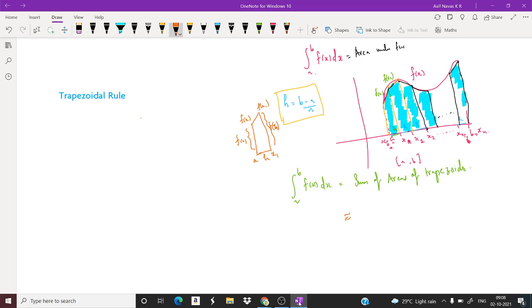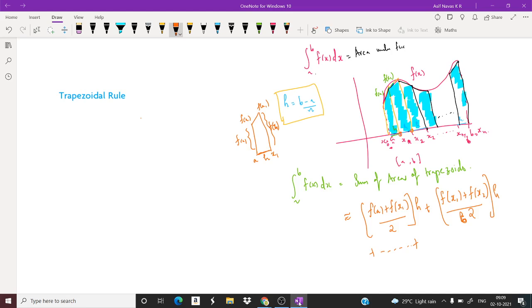So the area of a trapezoid is f of a plus f of x1 divided by 2 into h. Similarly, plus the area of this trapezoid, which is f of x1 plus f of x2 divided by 2 into h, plus etc.